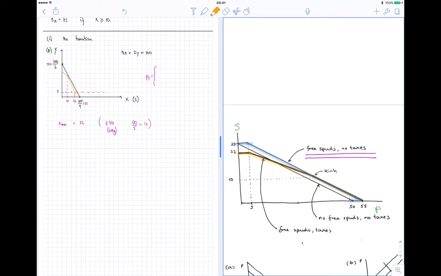So a helpful tip here, if you look at this solution, is to first start with the budget constraint with just the free potatoes, and no taxation. And then think of the budget constraint with this extra taxation, okay? Because ultimately at the very bottom here, they need to be exactly the same. So they need to be superimposed on each other. Okay, good.